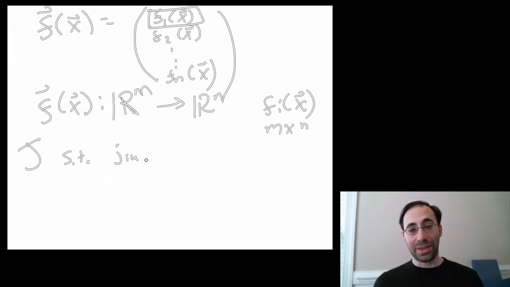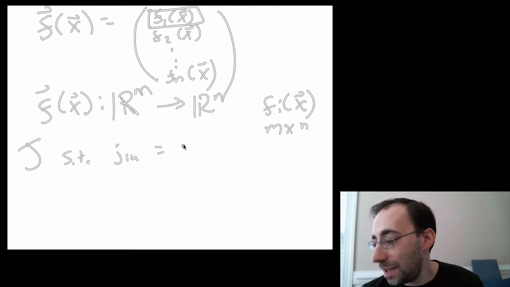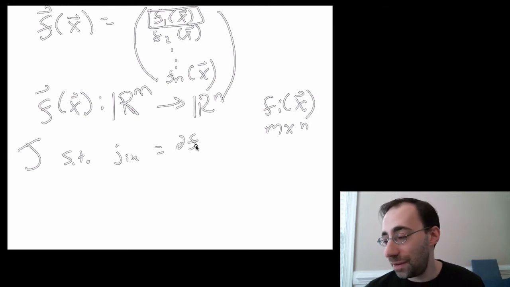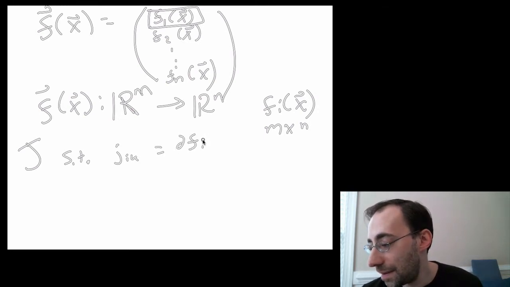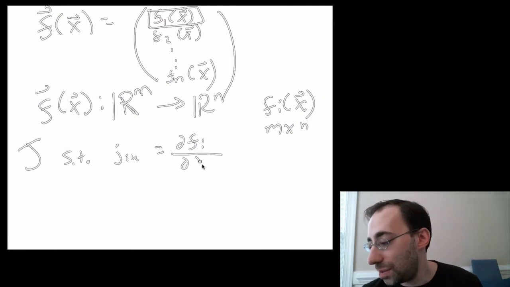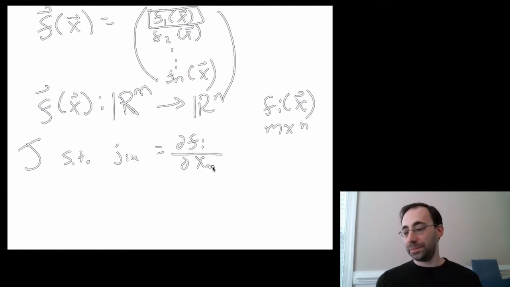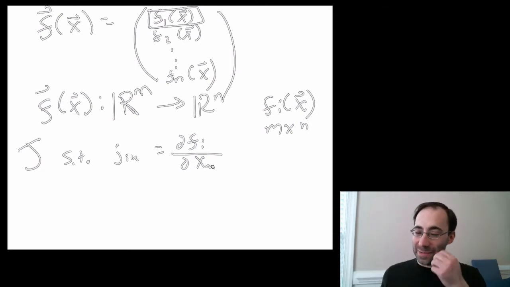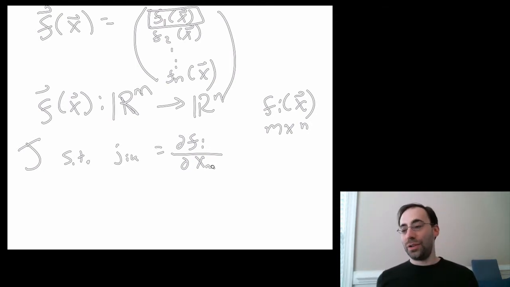So the ith row, kth column, is going to be equal to the partial derivative of the function i, the ith component of the function, with respect to the kth variable. That's it, the kth argument. And that's it. So you would make your whole Jacobian like that.